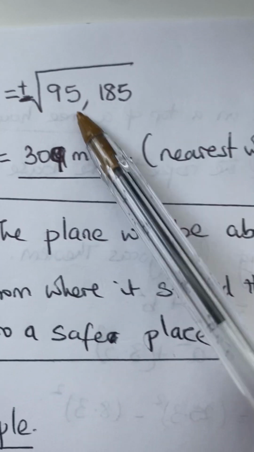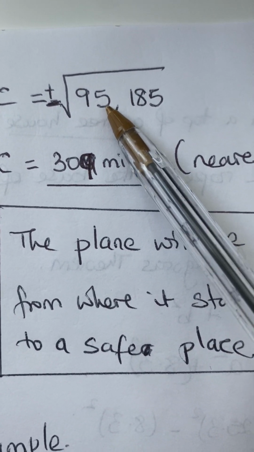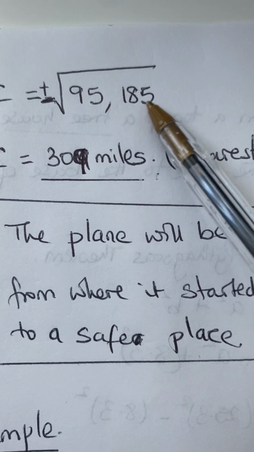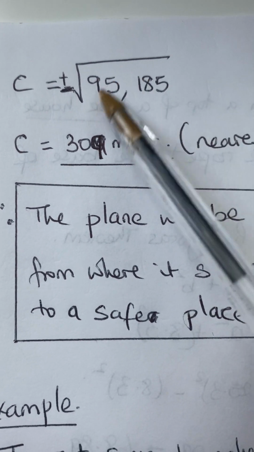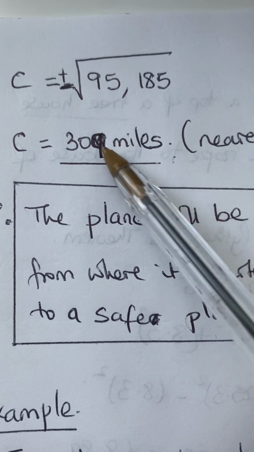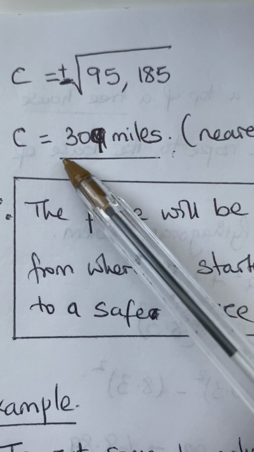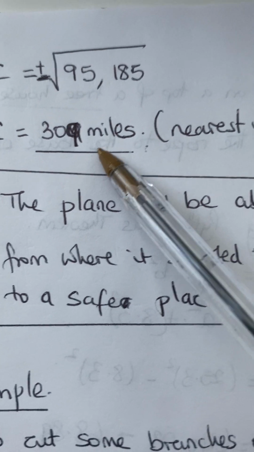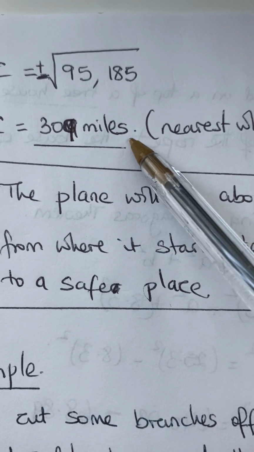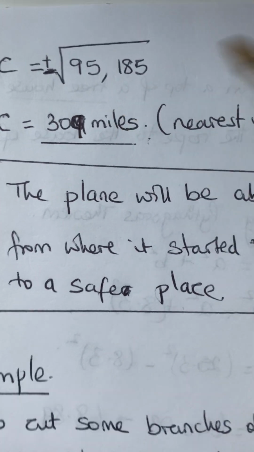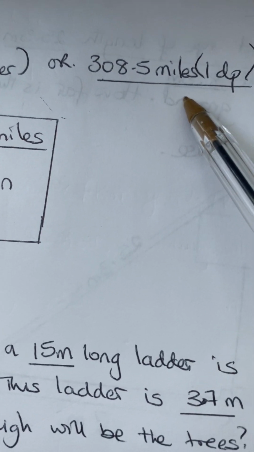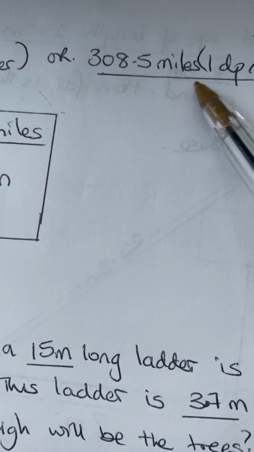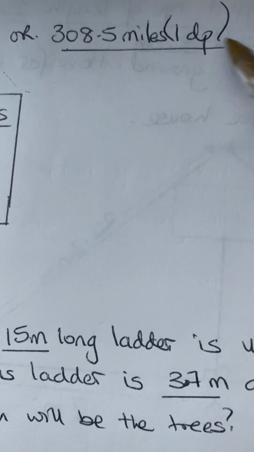So c will be plus or minus the square root of 95,185. So c, which is the positive answer because it's a distance, is 309 to the nearest whole number of miles, or 308.5 miles to 1 decimal place.